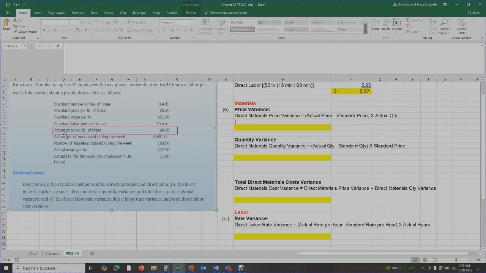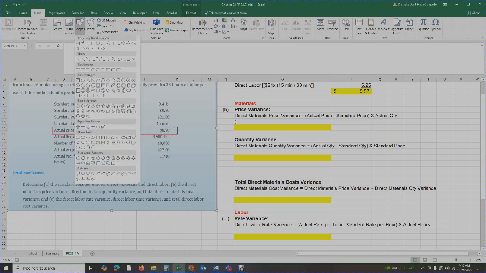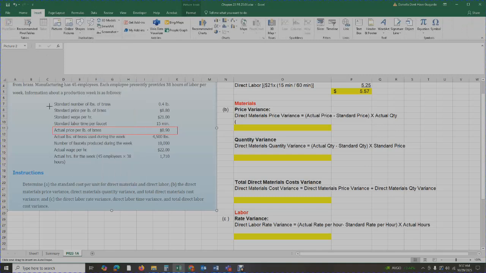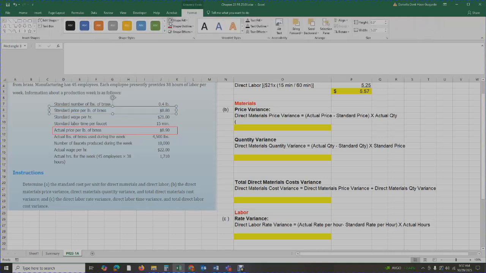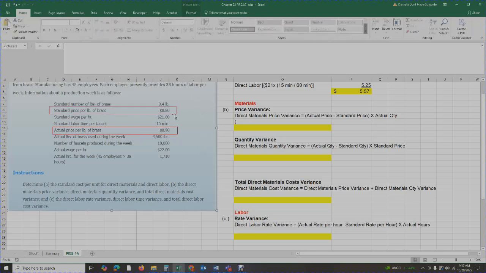So the actual price per pound of brass is 90 cents. Well, we had anticipated that we were going to spend how much a pound? We thought we were going to spend 80 cents a pound. So someone miscalculated. Something happened where we thought the price of a pound of brass was 80 cents and it actually came in at 90 cents. So let's figure out our variance.